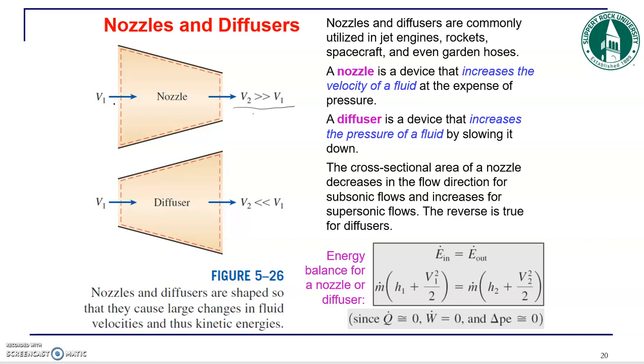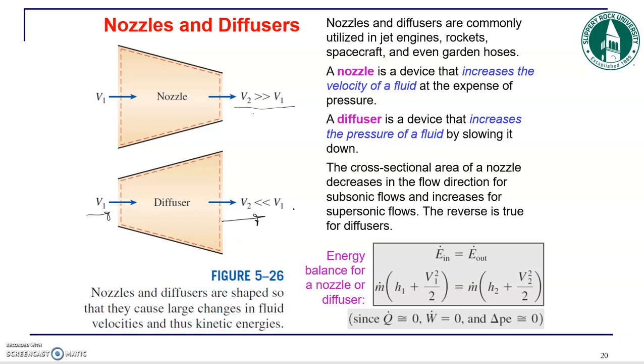On the other hand, we have a diffuser in which the velocity drops. So the fluid enters from the left side and then exits from the right side of this device with much lower velocity.